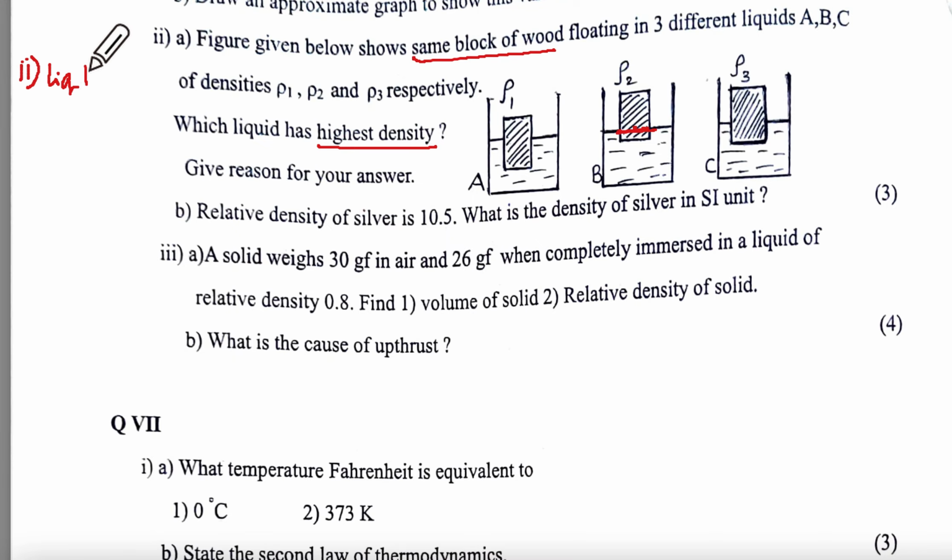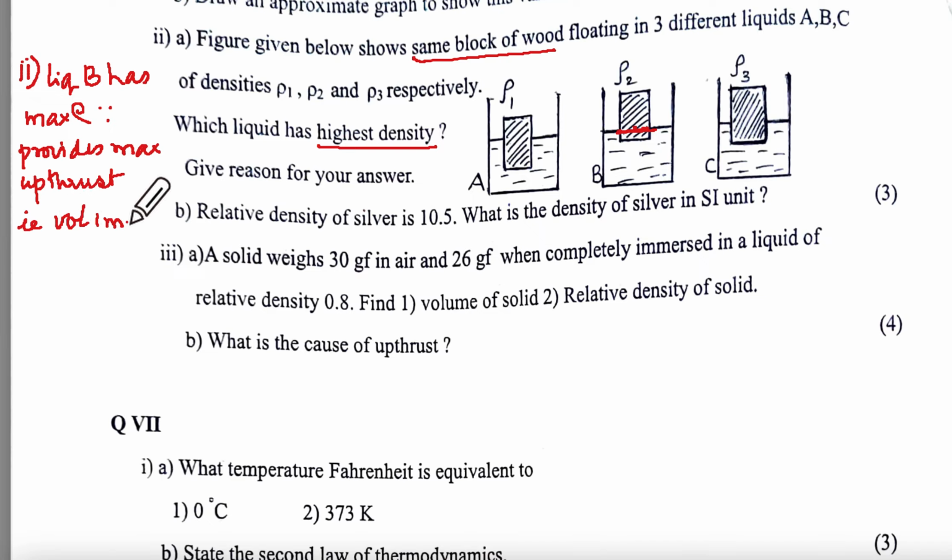So what will be the reason for this one? Liquid B has max density since it provides max upthrust, that is volume immersed is less.